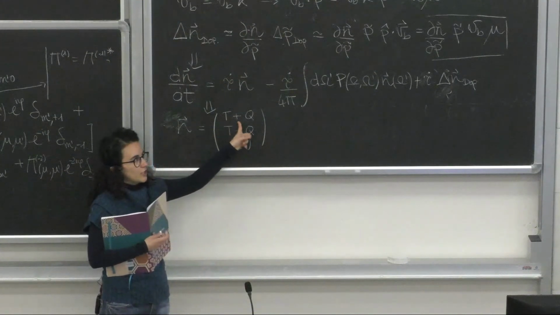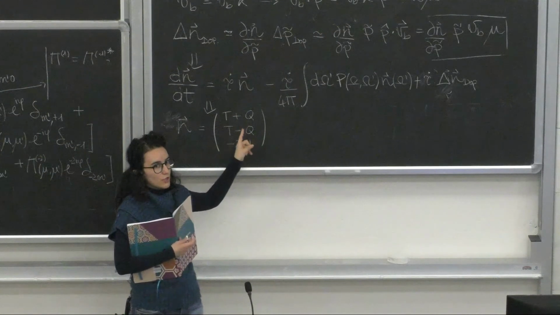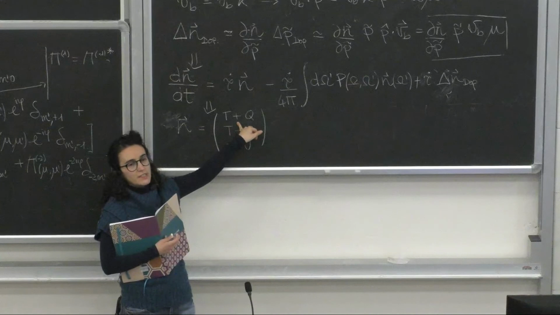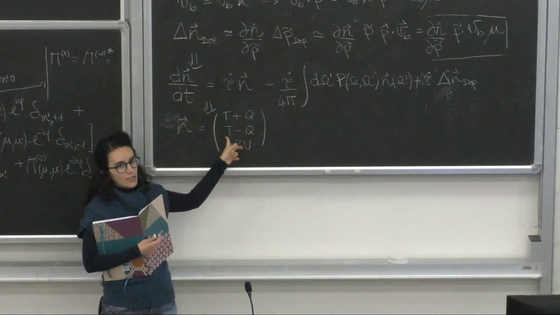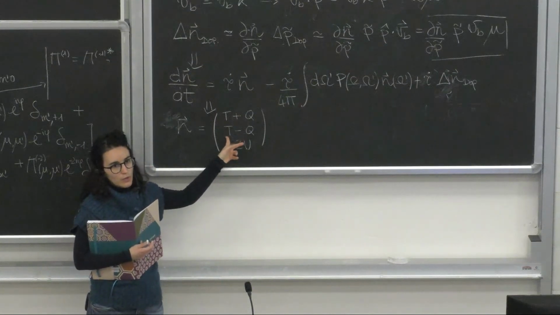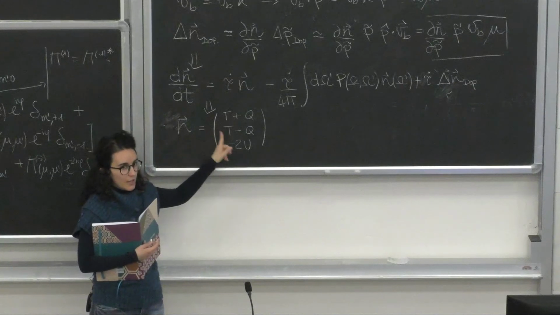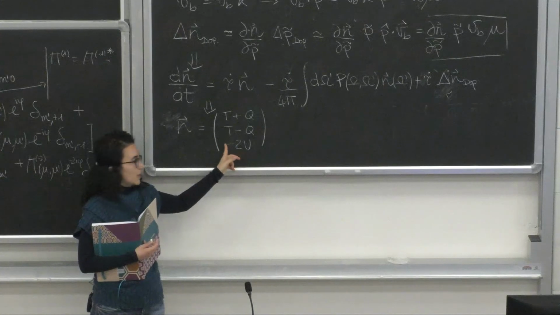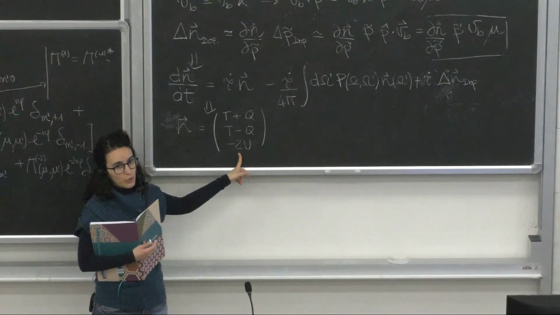So the first entry is the polarization along the scattering plane. So it's T plus Q, the T plus Q entry of the polarization tensor. The second entry is T minus Q. And so this is the polarization in the longitudinal direction. And this is the second diagonal entry of the polarization tensor. And finally, the third entry is the U component of the polarization field.